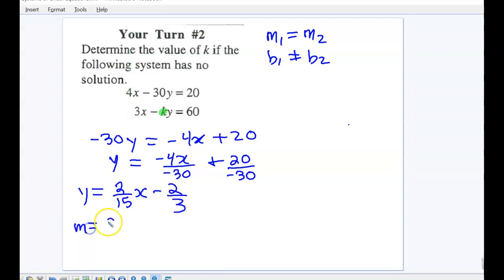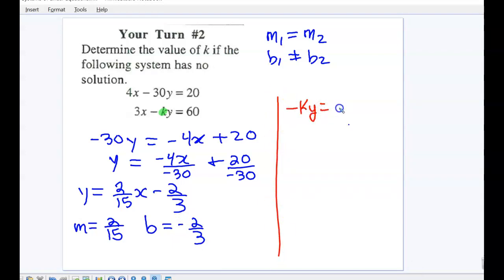So I know my slope here is 2 over 15, and my y-intercept is negative 2 over 3. In my second equation, I'm going to again isolate y by subtracting the 3x over. And now I'm going to divide by negative k.